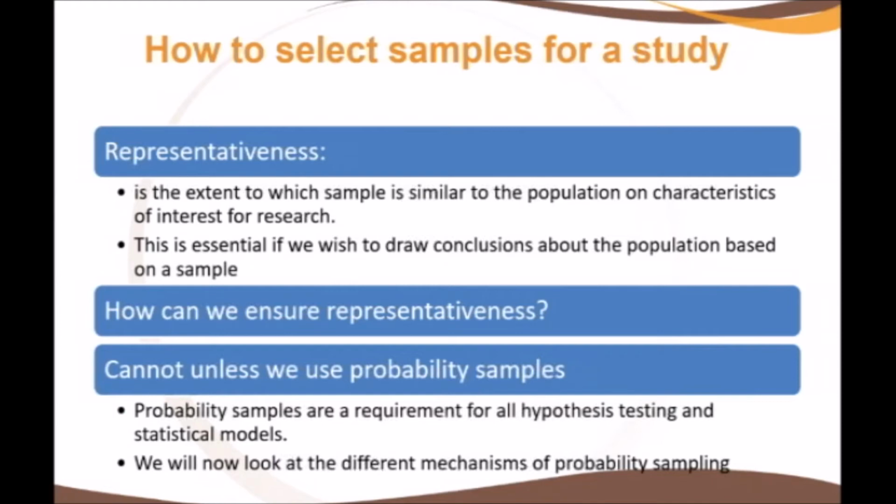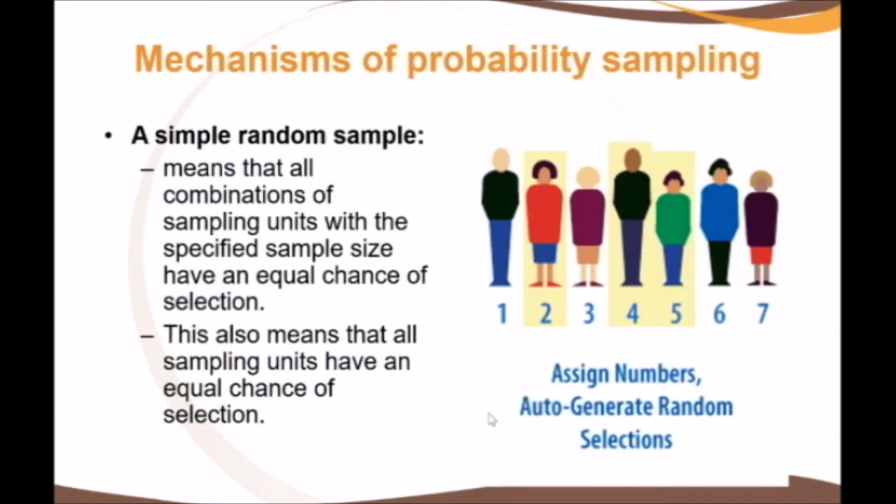That is your null hypothesis. For you to be able to test that, you need a probability sample. If it is conveniently selected, you can't test a hypothesis. And you can't use statistical models if your sample was not selected using one of the probability sampling methods. So how do we conduct probability sampling? That is our next section.